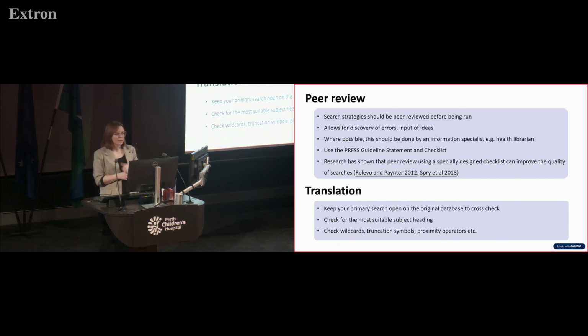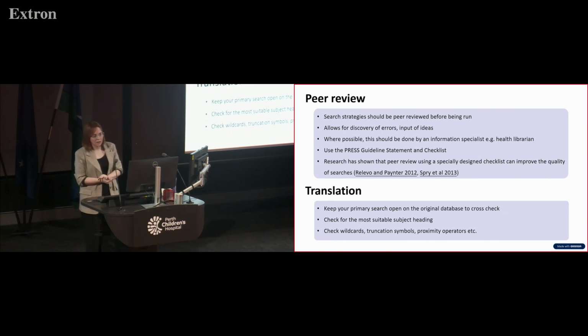Where possible, get it done by an information specialist, so for example a health librarian, but otherwise if you can't get that, get a colleague to do it for you, and they can use the PRESS guideline statement and checklist to guide them through what they should be checking. It's really important to get it peer reviewed just to pick up on any of those errors, and it's also been shown that peer review using the specially designed checklist can actually improve the quality of searches.